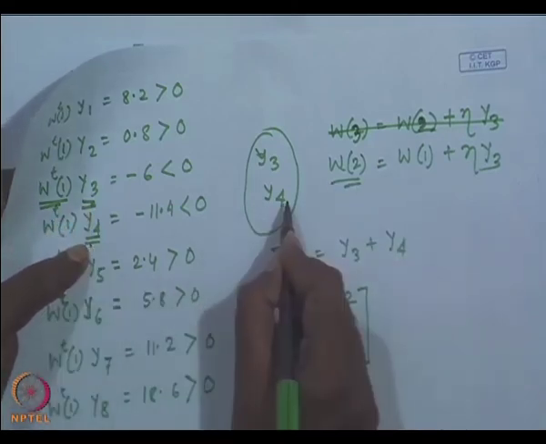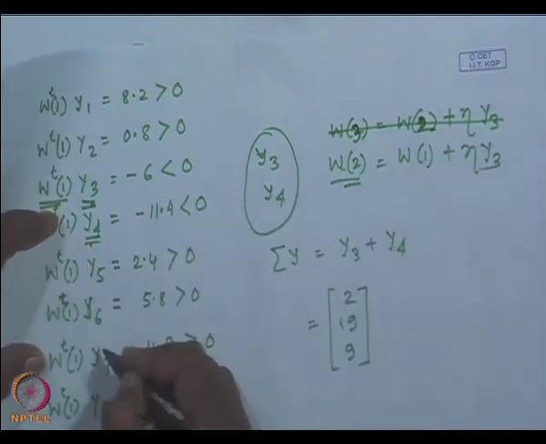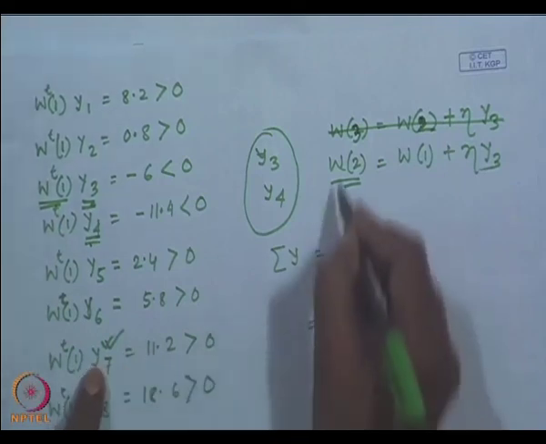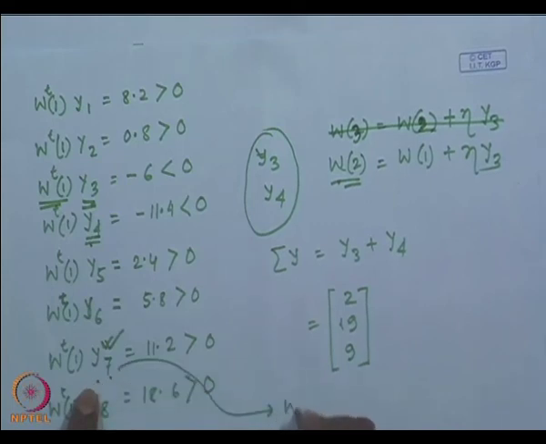So, y4 will not be misclassified by this, but it may so happen that for y7 I find that W2 misclassifies y7. So, whenever it misclassifies y7, immediately I will compute W3 to be W2 plus eta times y7.